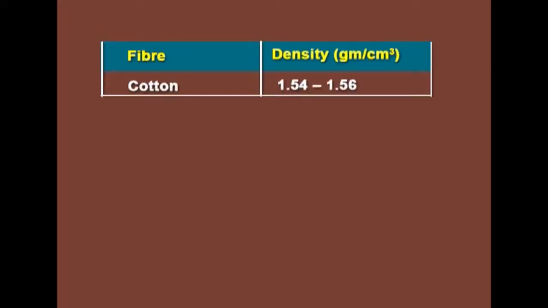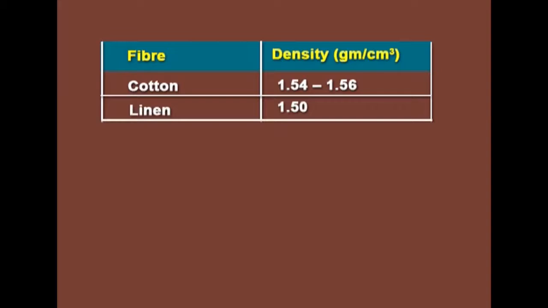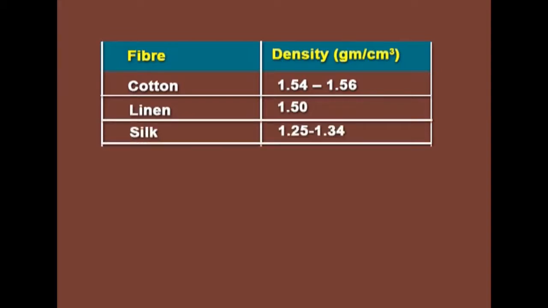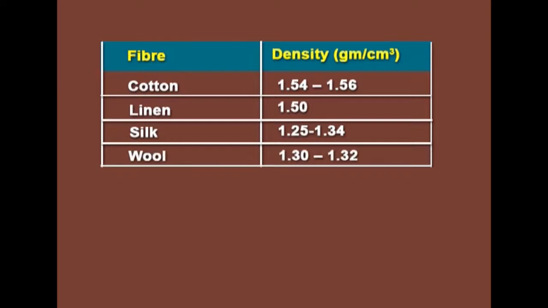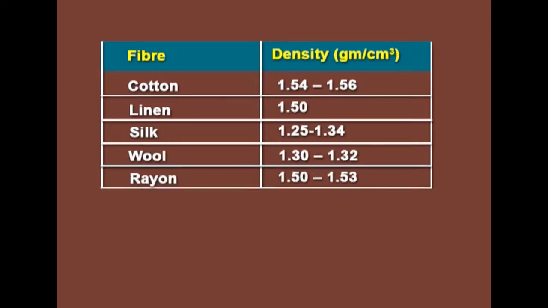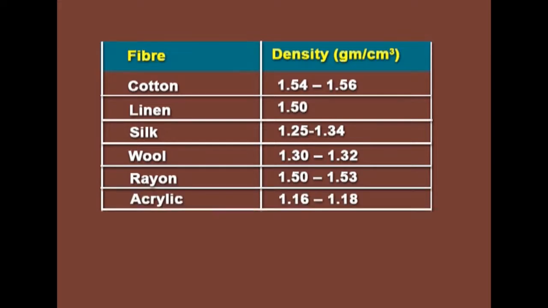Cotton fiber is a heavy fiber with density 1.54 to 1.56. Linen has a density of 1.50, silk has a density of 1.25 to 1.34, wool has a density of 1.30 to 1.32, rayon has a density of 1.50 to 1.53, whereas acrylic has 1.16 to 1.18, and nylon has a density of 1.14.